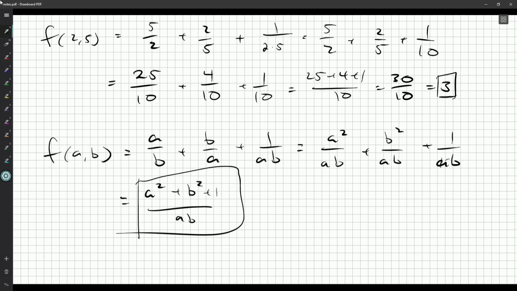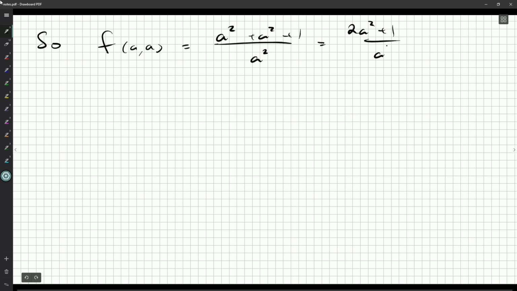Now, for B part, they're asking about f of a, a. And we need it to be an integer, so we'll get a squared plus a squared plus 1 all over a times a, which is a squared, so we'll get 2a squared plus 1 all over a squared, which I guess we could break up into 2a squared over a squared plus 1 over a squared, and that's going to be 2 plus 1 over a squared.